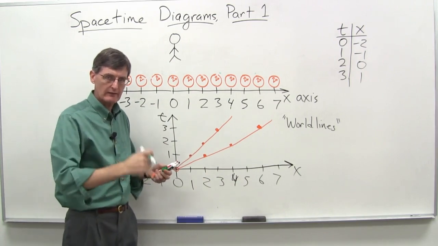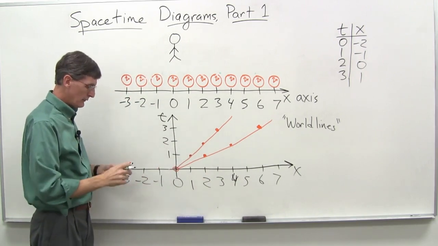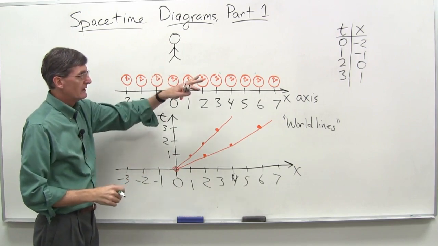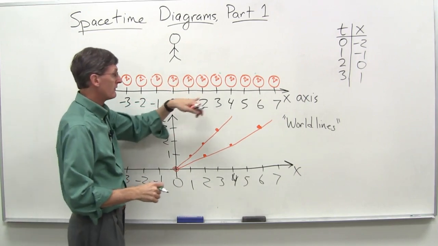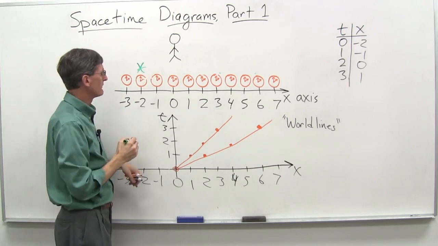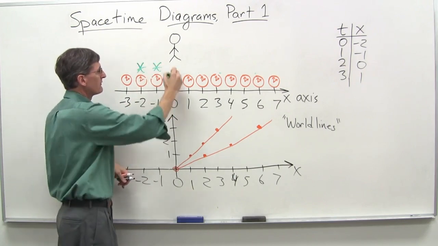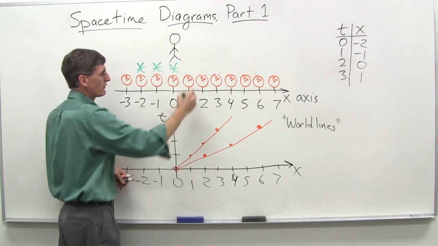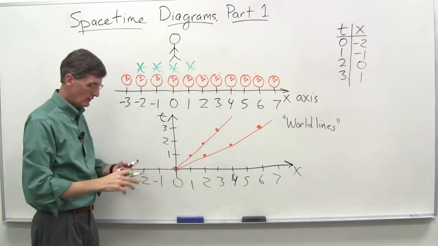And then we'll come back and see how we plot it here. So we've got t equals 0, a flash at -2. So here's our first flash, second flash at -1, third flash at 0, and fourth flash at 1.